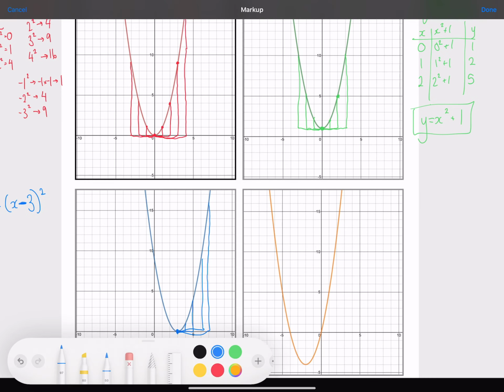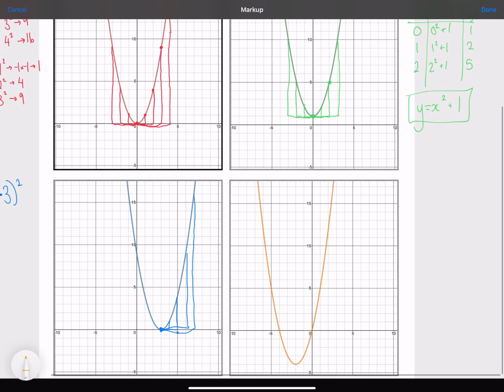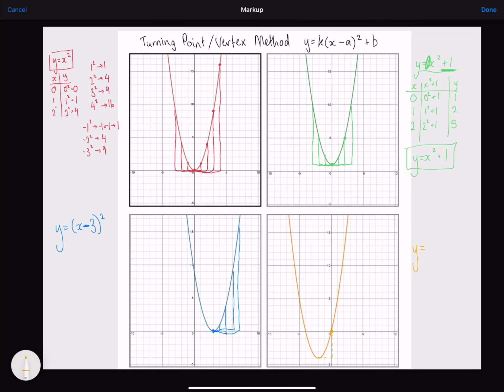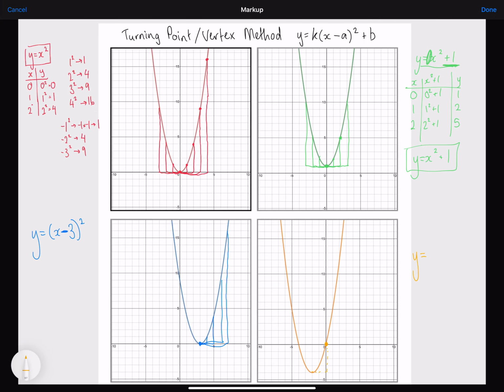And the last one here, this is a combo of horizontal and vertical shift. So we know that a general parabola would usually start there, right, on (0, 0). But it has shifted down by 4 and to the left by 2. So I know that it's going to start off by saying y equals. I can check, is there going to be a scale factor?